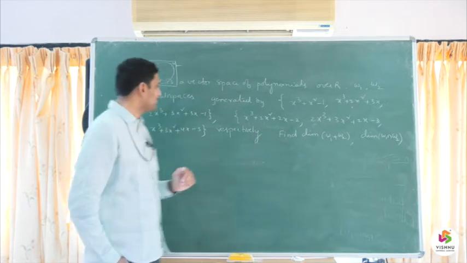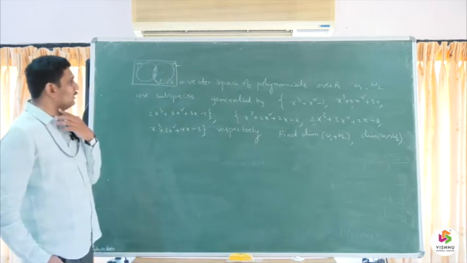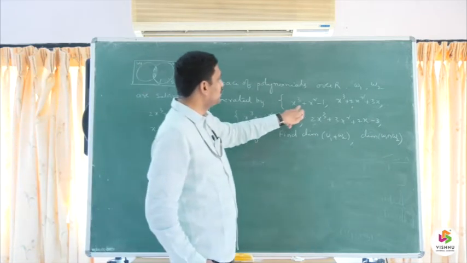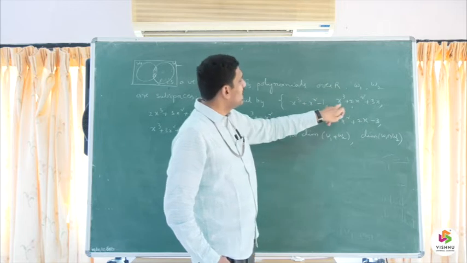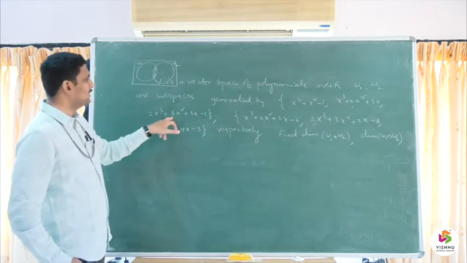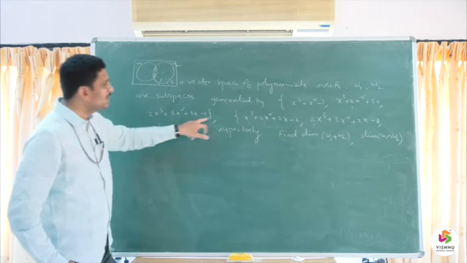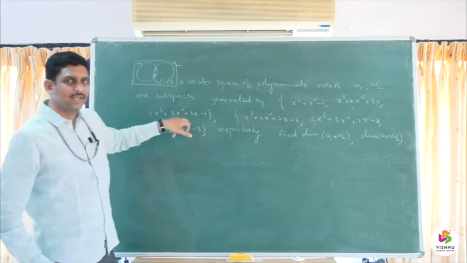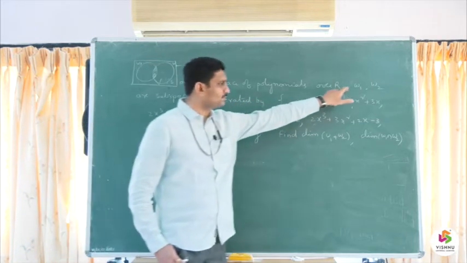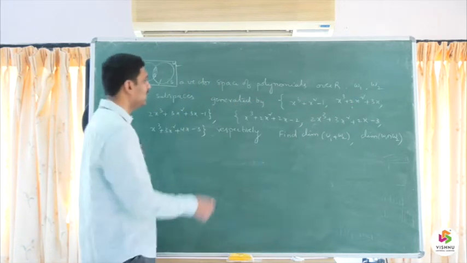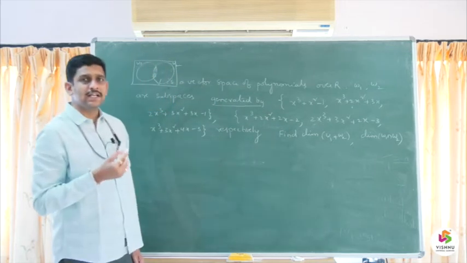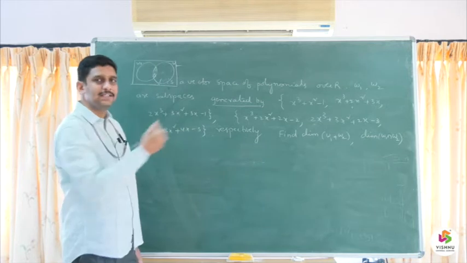First of all, you can observe that this is the first set: x cube plus x square minus 1, x cube plus 2x square plus 3x, 2x cube plus 3x square plus 3x minus 1. These three polynomials form a spanning set for W1, because it is mentioned that W1 is generated by them. The word generated by means it is the spanning set.